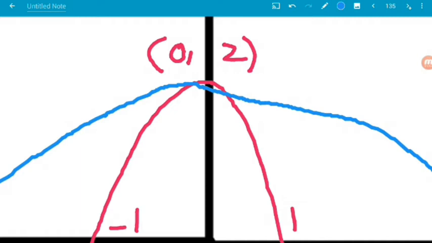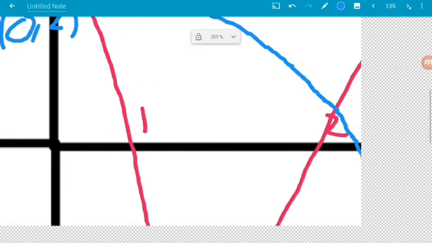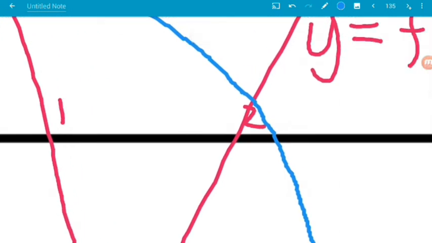The maximum isn't going to change. 3 times 0 is just 0, so we have exactly the same point up here, (0, 2). The first x-intercept that was at 1 is now going to be 3 times 1, which is 3.